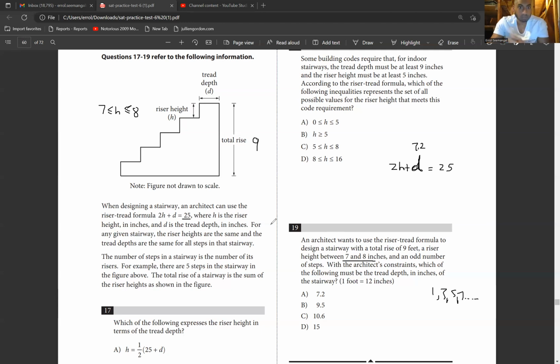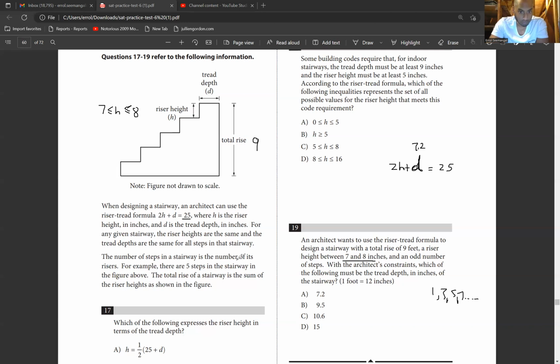I thought that was the total. The number of steps is the number of risers, and since there's 1, 2, 3, 4, 5, there's your 5 risers.